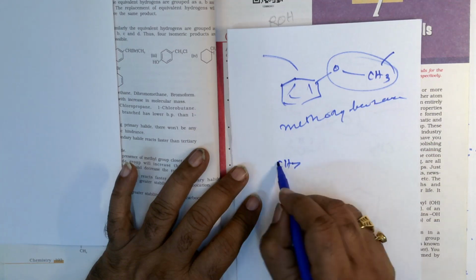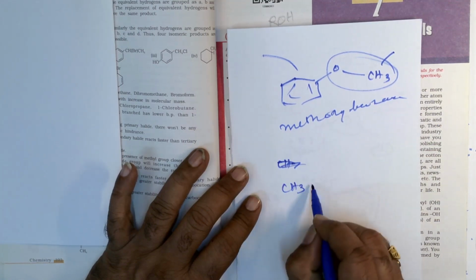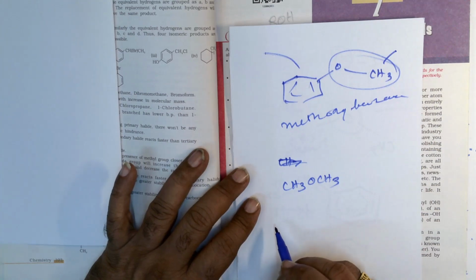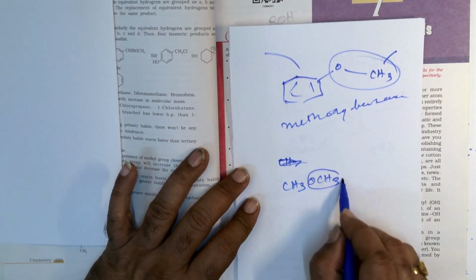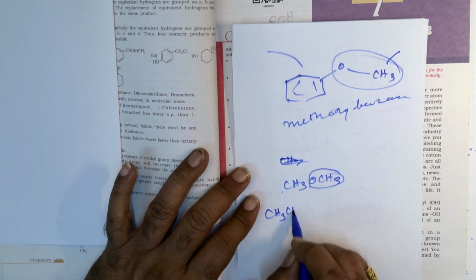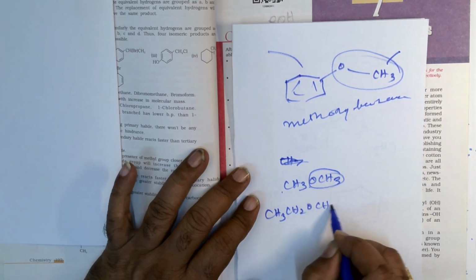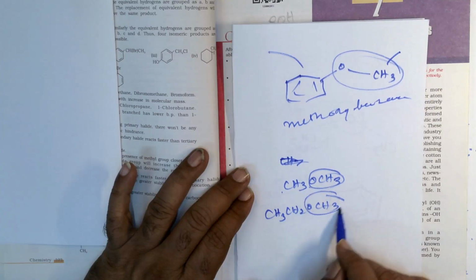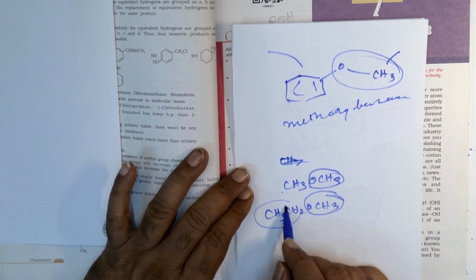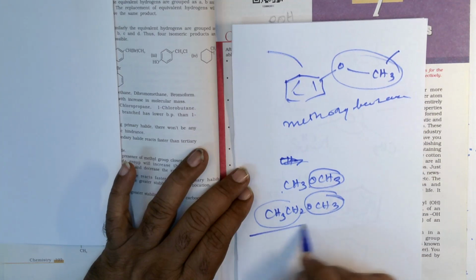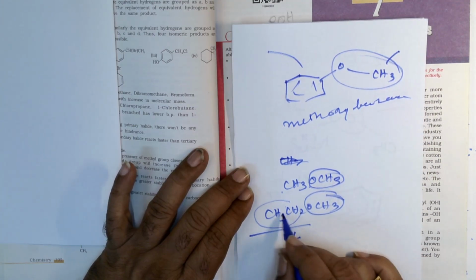So in ether, we have a pure ether like CH3OCH3, dimethyl ether, or it can be called methoxymethane. If you have CH3CH2 then OCH3, you may think it can be called methoxyethane or ethoxymethane, but ethoxymethane is wrong because according to the IUPAC rule, you should choose the long chain hydrocarbon.